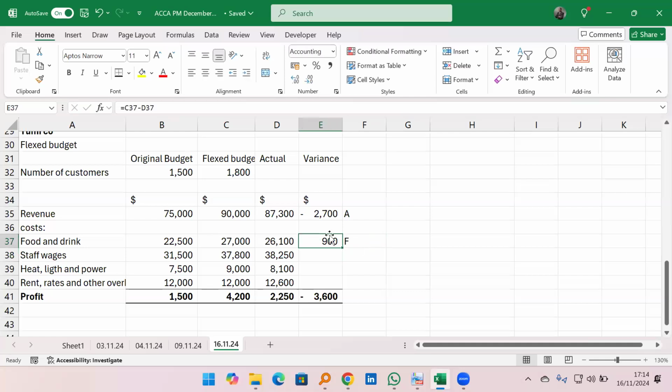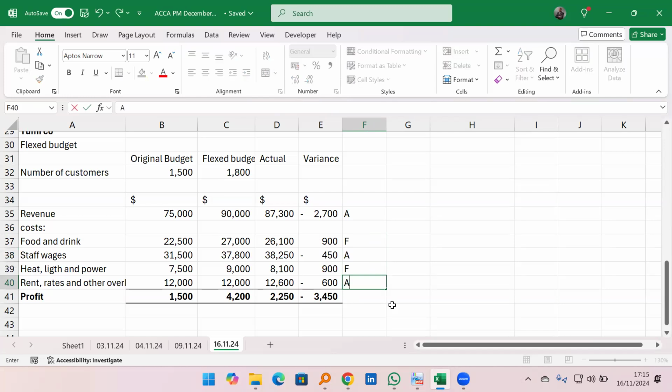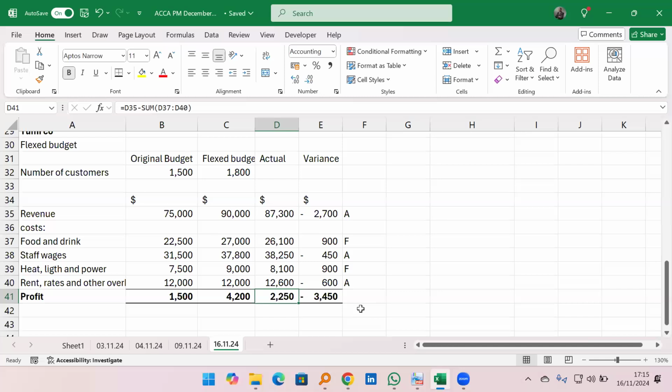Then I can drag this one down, and you can see that this one is adverse, this is favorable, and this one here is also adverse. Now, as for the profit, when I flexed, I was supposed to have a profit of 4,200, but I'm having 2,250. But I think for these ones, let's make sure we have not made a mistake.